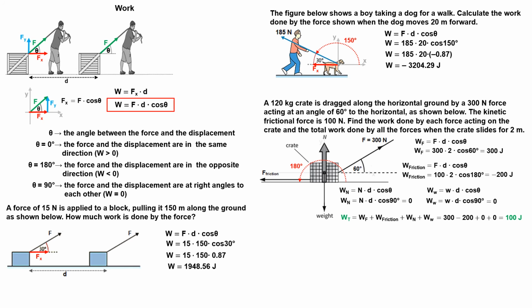If many constant forces are acting on an object, we can find the net work done by finding the net force. We first draw a free body diagram showing all of the forces acting on the crate, and we choose a coordinate system.